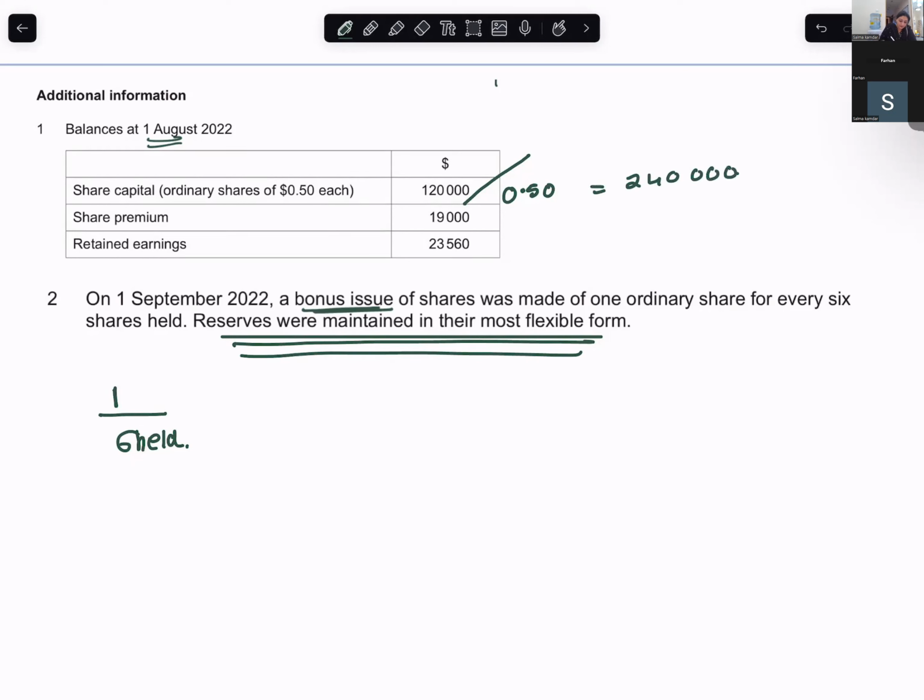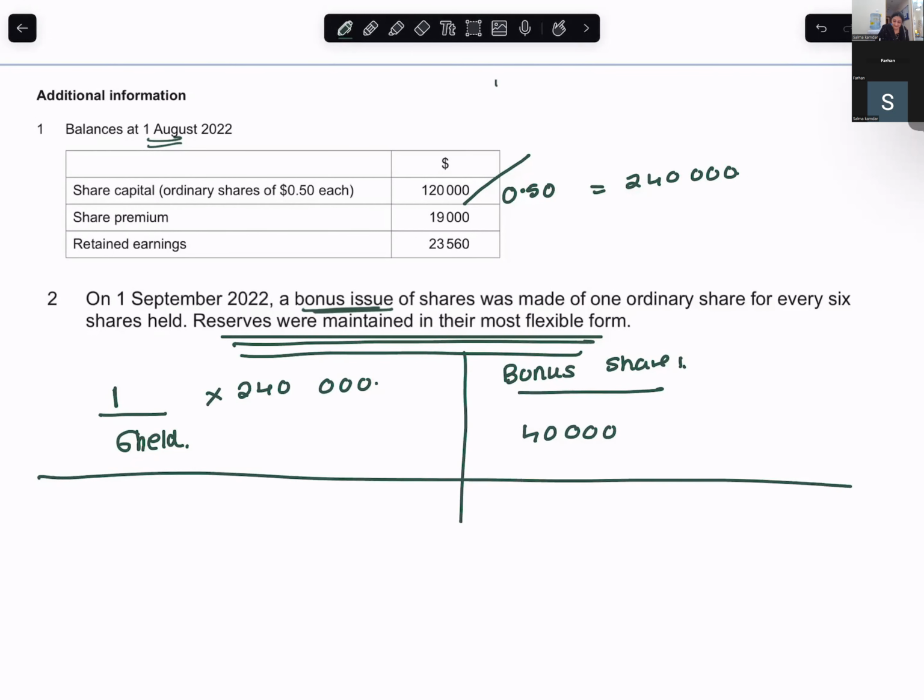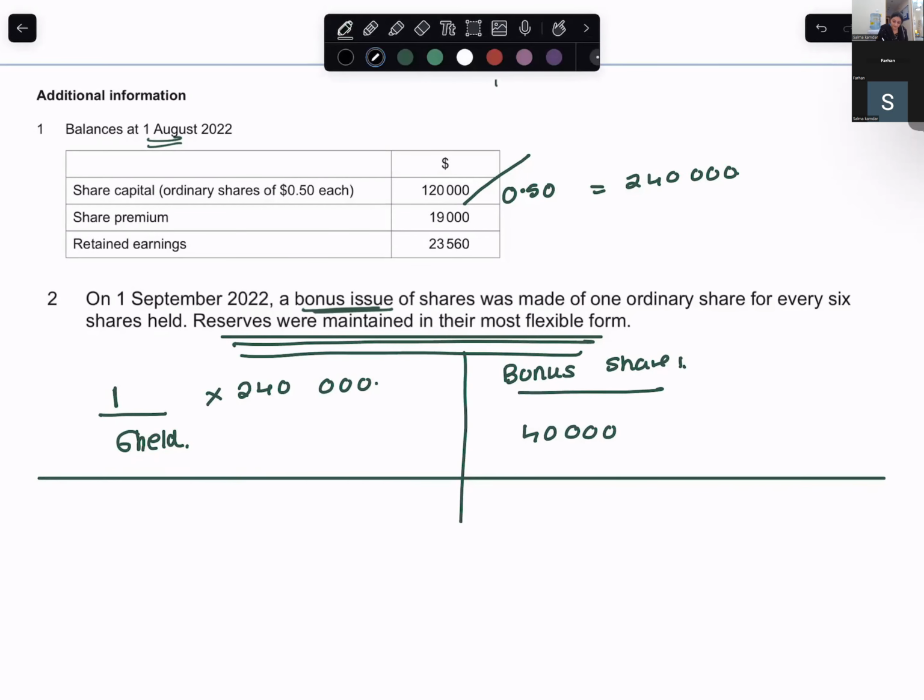So you're giving bonus. Number of shares held is 240,000. So what is your bonus shares? 240,000 divided by 6, so 40,000. Because of these bonus shares, share capital will increase, right? By how much?